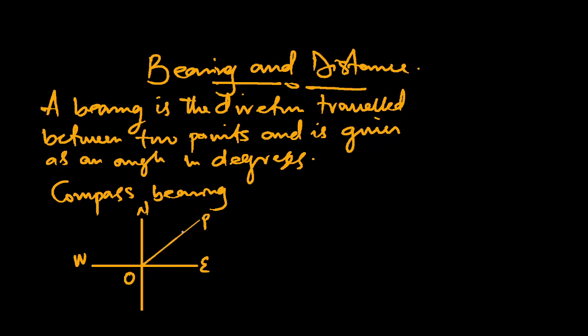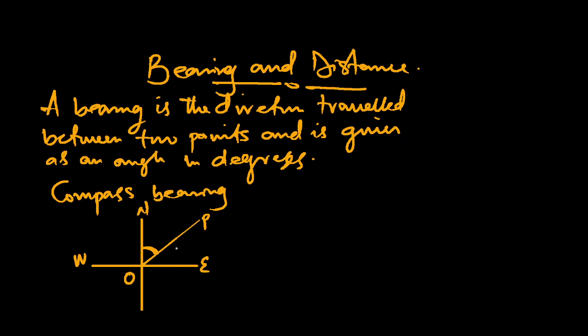If they ask me what is the bearing of this object P from O, it's going to be the angle which OP makes with ON. So you have to read in the clockwise sense. Am I making sense now?